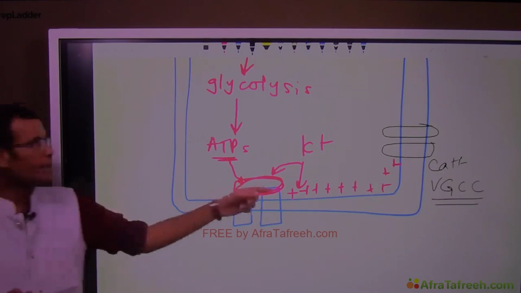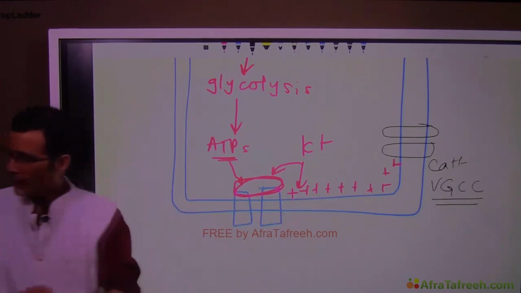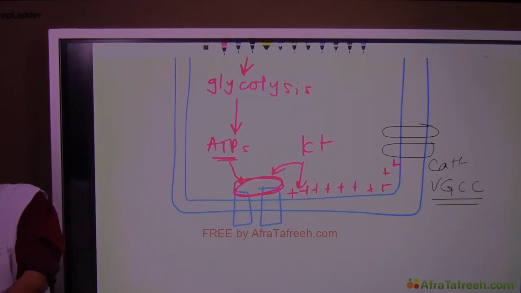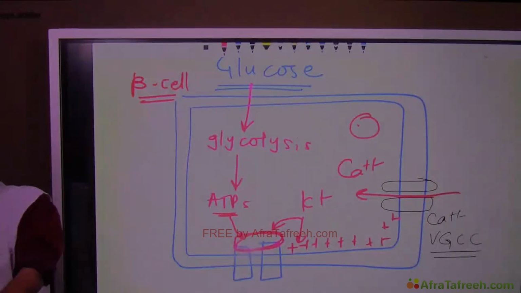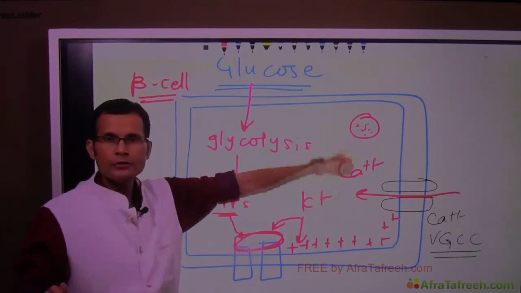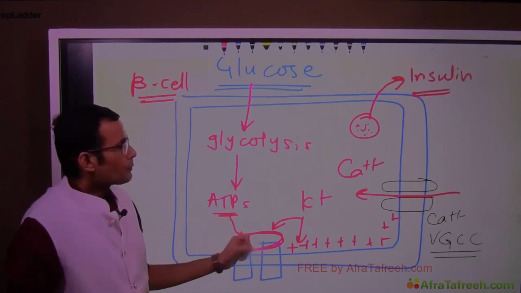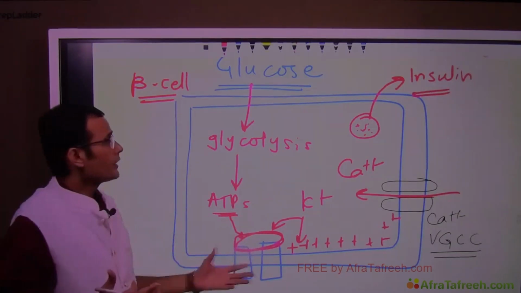VGCC, voltage gated calcium channels open, sensing this voltage change. The calcium from the ECF will enter, and finally, because of this calcium, the insulin which was stored in these granules will be secreted by exocytosis. So that's how insulin gets secreted.